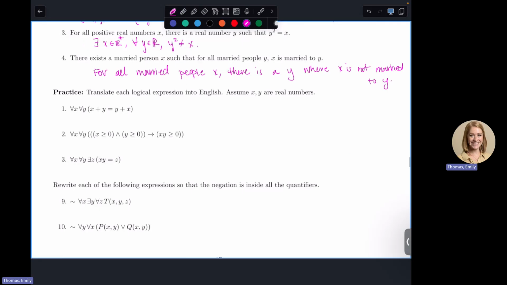100%. Okay, let's translate these into English, assuming X and Y are real numbers. Number 1. Good.